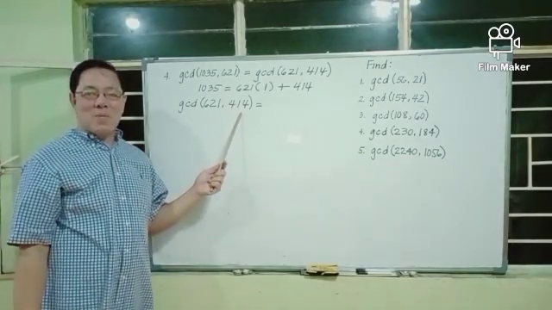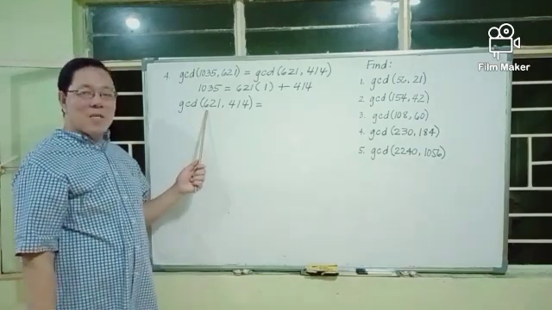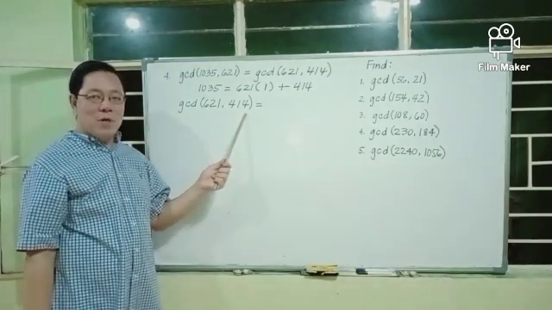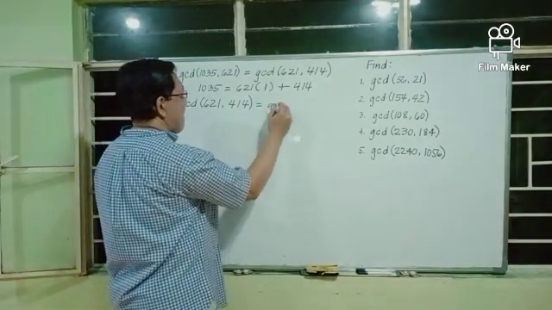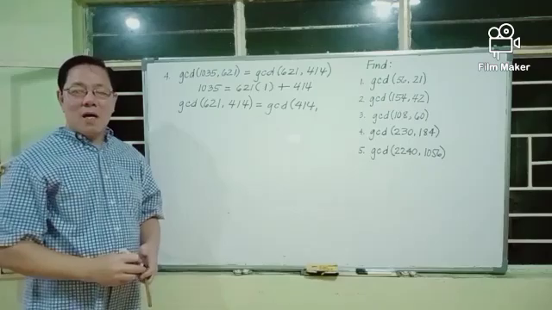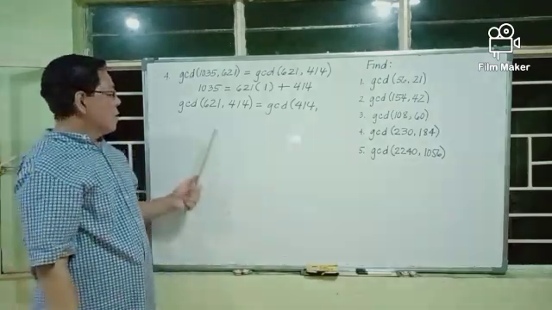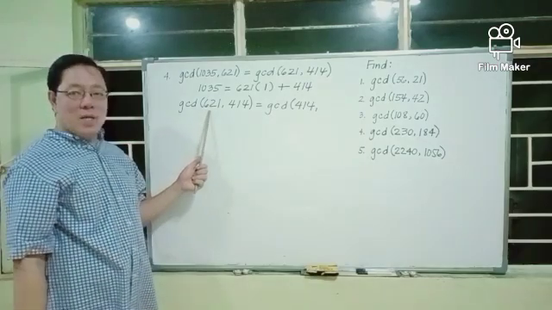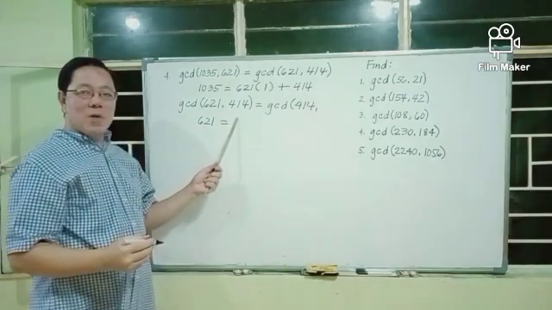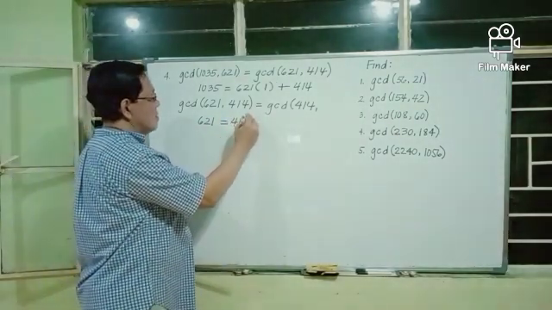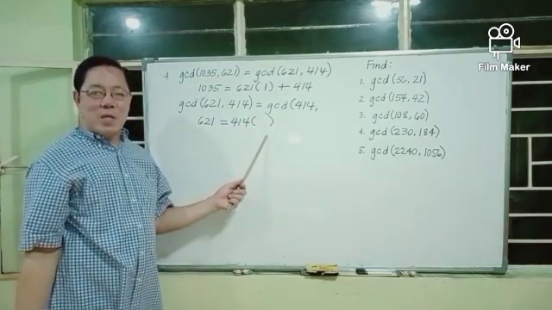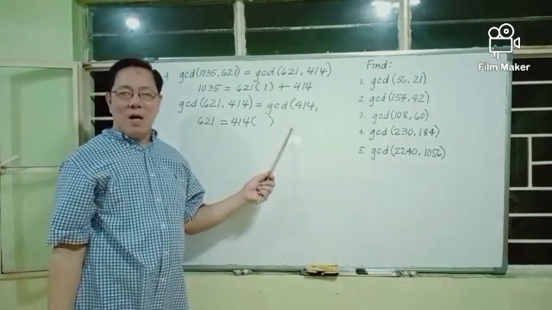And by the results we obtained earlier, the greatest common divisor of 621 and 414 is equal to the greatest common divisor of 414 and a positive integer called the remainder, obtained when we write 621 as equal to B, 414, multiplied by some positive integer denoted by Q, plus a constant denoted by R.